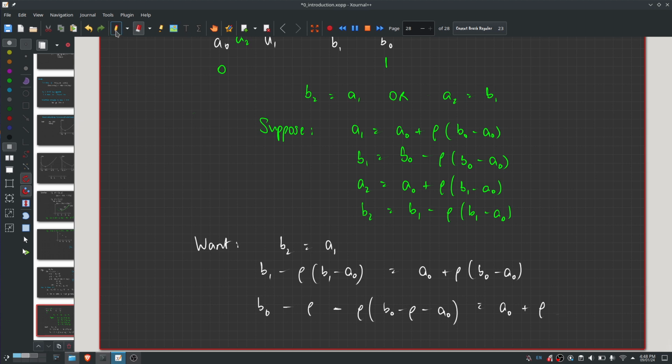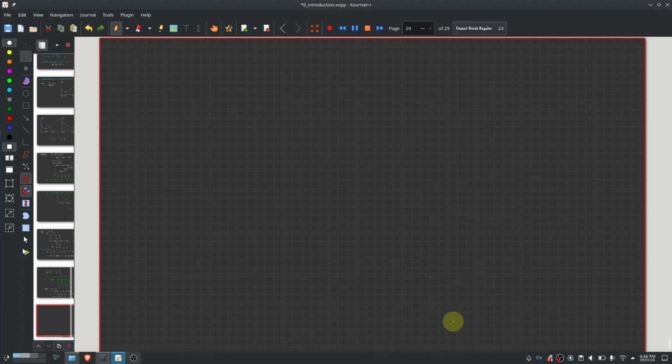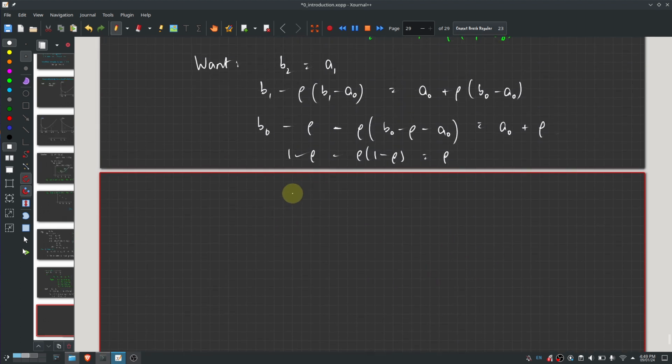So if I take A0 equal to 0 and B0 equal to 1, by rearranging I get 1 minus rho into 1 minus rho equals rho. So the rho that satisfies this particular equation, what does this equation simplify to?